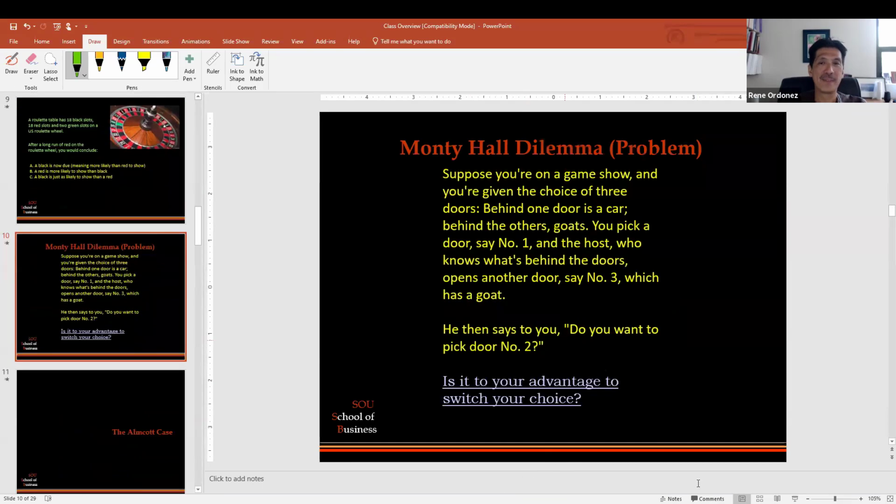Another one. I don't know if you've seen this before. Suppose you're on a game show and you're given the choice of 3 doors. Behind one door is a car, behind the others are goats.